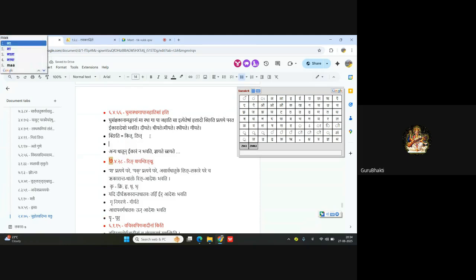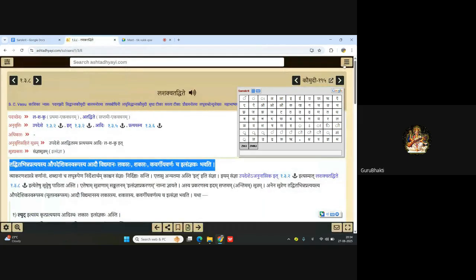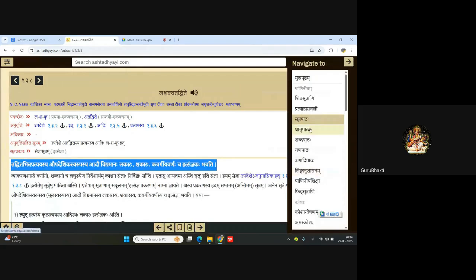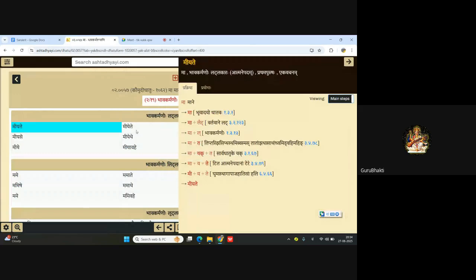Like ma is there, lat lakara is there, and in that lat lakara we are doing atmanepadi.